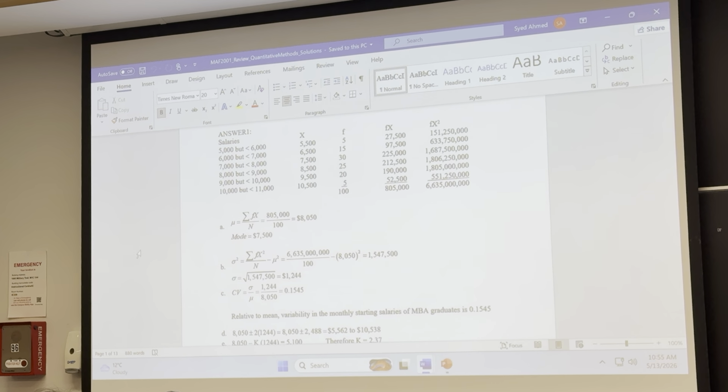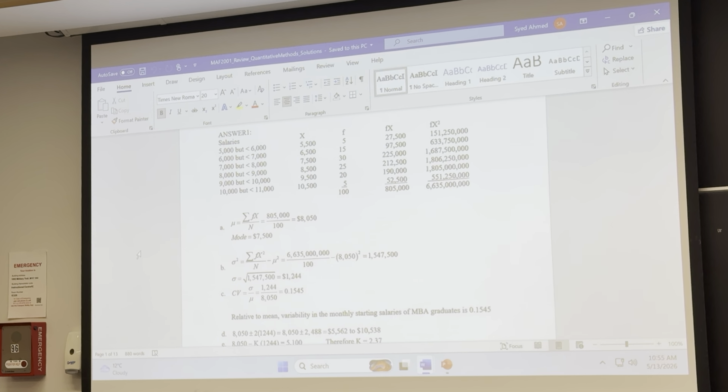So if you recall, formula for variance is equal to... so this is, you are looking at your population variance, okay?